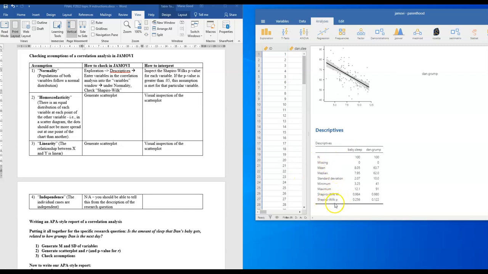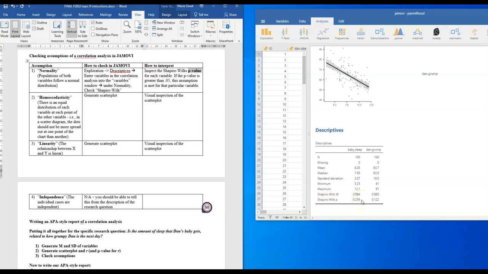So just be careful with how to interpret it: you are inspecting the Shapiro-Wilk p-value, okay? Not the Shapiro-Wilk W. Don't make that mistake. You're looking at the p-value, Shapiro-Wilk p.